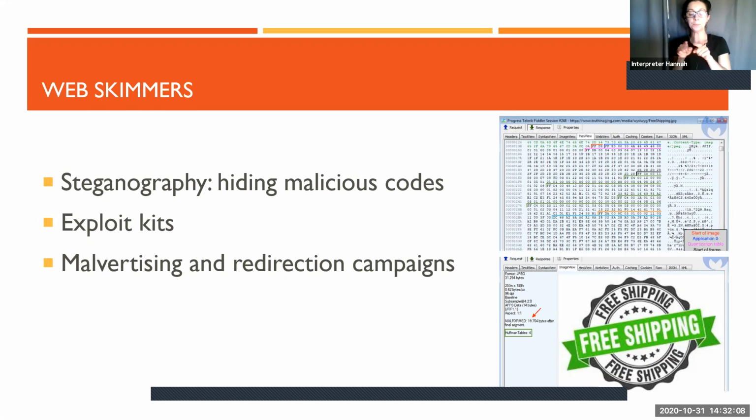Also, in web skimming, we also see exploit kits being used, and you saw the numbers for exploit kits. And then we have malvertisement, which is bad advertisement and redirection campaigns. I'm seeing more in 2020 also, but we started to see more of that since 2018 into 2019. Okay.